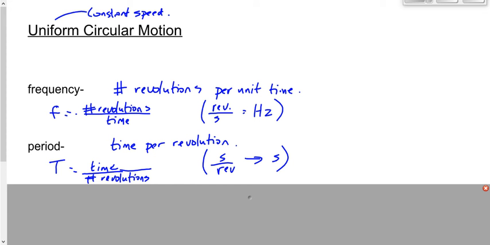Now, there's one more equation that relates the period and the frequency together. If frequency is rev over time, and period is time over rev, then the period would be equal to what?